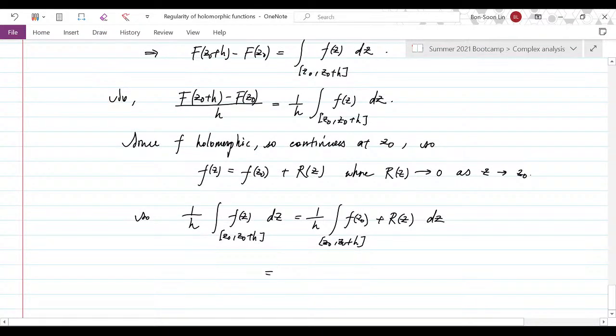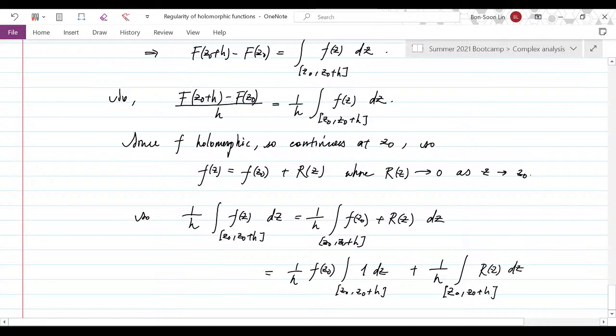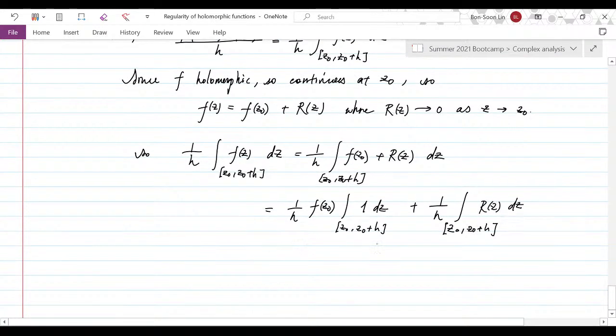Now, this is a constant, so we have 1 over h integral of f of z naught from z naught to z naught plus h of 1 dz. Well, this is just z, so this is going to give you h, okay? Plus 1 over h integral from z naught to z naught plus h of r of z dz. Okay. So this whole term turns into f of z naught because this integral is just h.